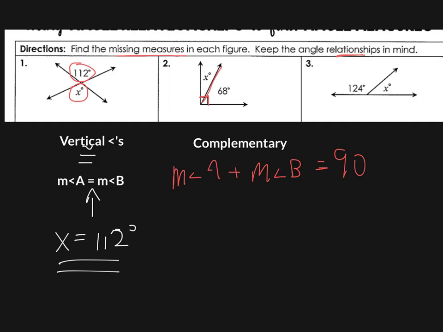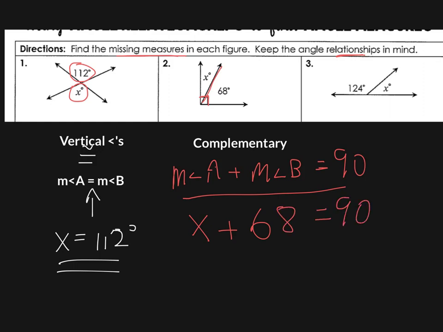Okay? And now I'm going to substitute and solve. So I have this definition piece here, and then I'm going to substitute. So instead of angle A, I say that's x plus 68 equals 90.